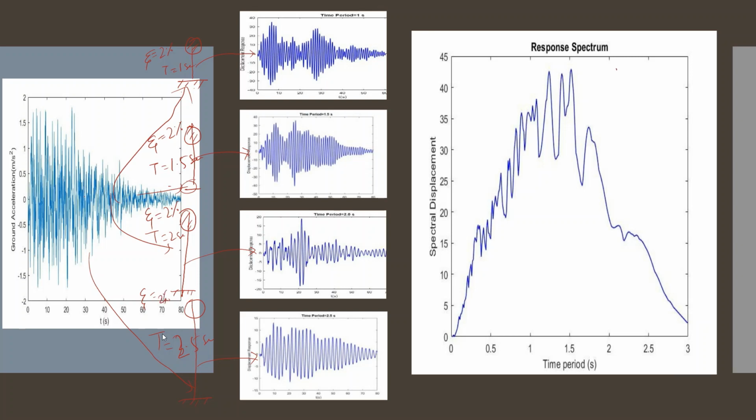So for a constant damping ratio, the peak deformation is recorded from all of these. When we go to 1 second, we go to the peak value, then for 2, 3 and so on. We record all the peak values, and finally it gives the response spectrum. So we got the response spectra.